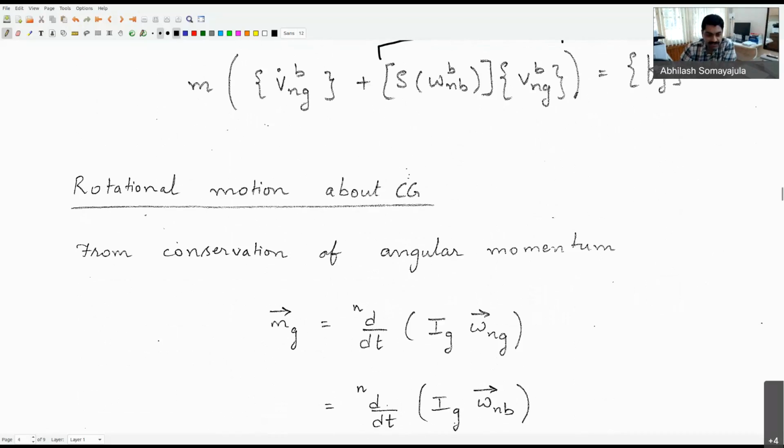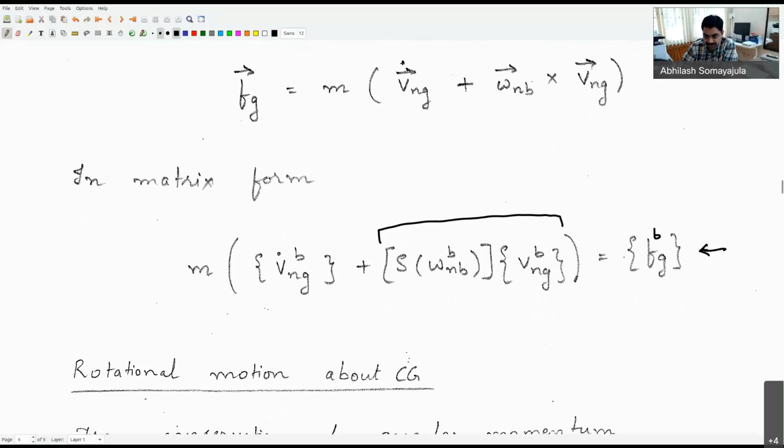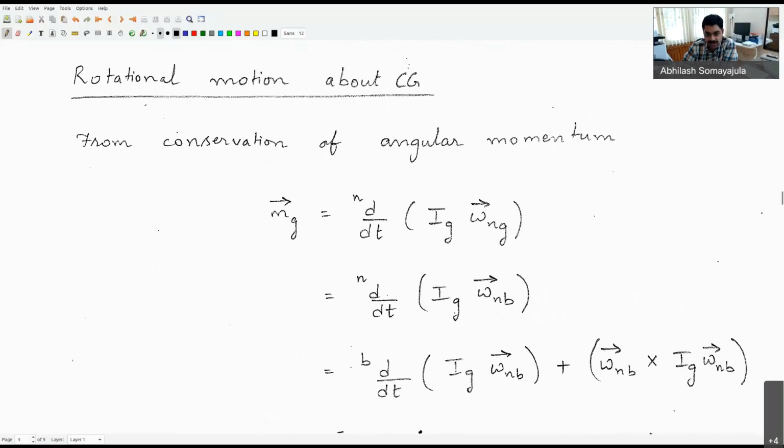Okay, now let's try to look at what happens with the rotational motion about the center of gravity. So far what we saw here was the translational motion of the center of gravity. Let's try to understand what is happening with the rotational motion. We follow the same approach. The external moments acting about the center of gravity is equal to the d by dt of the angular momentum.